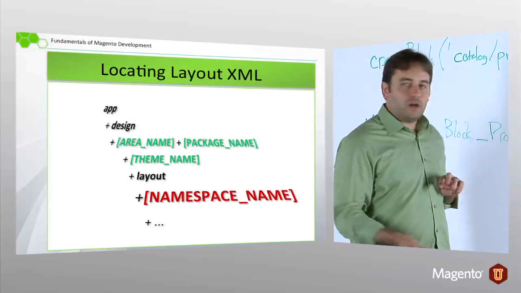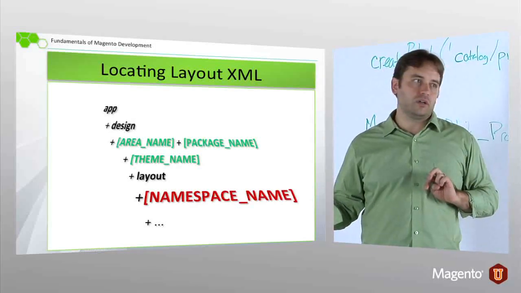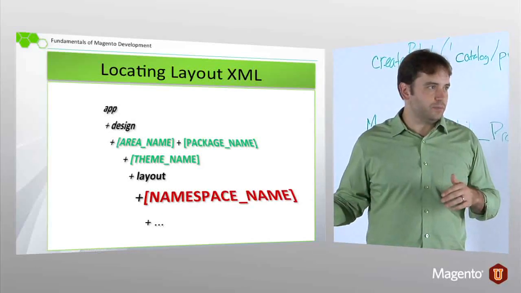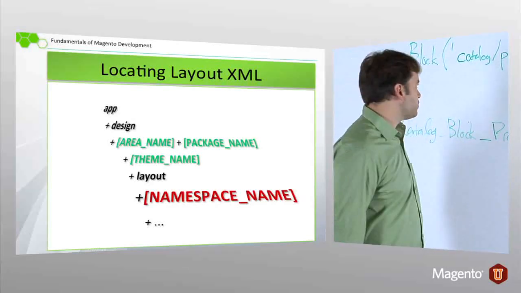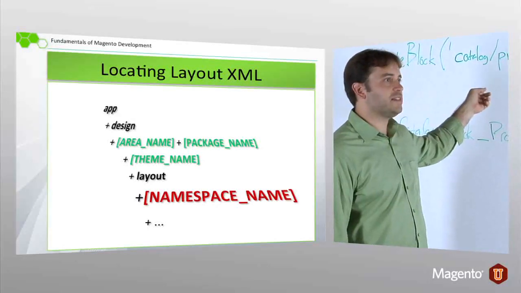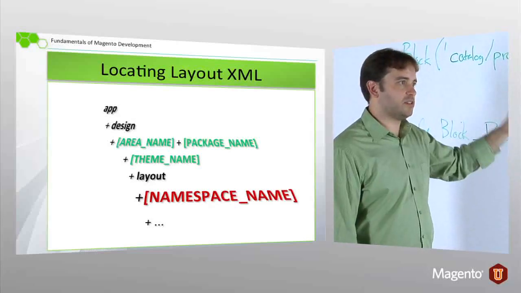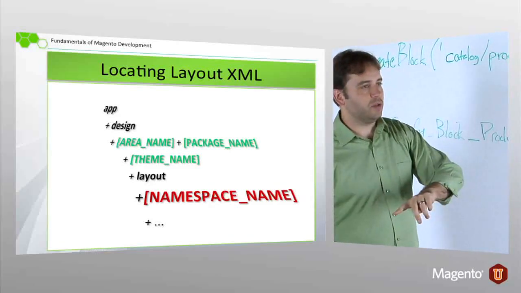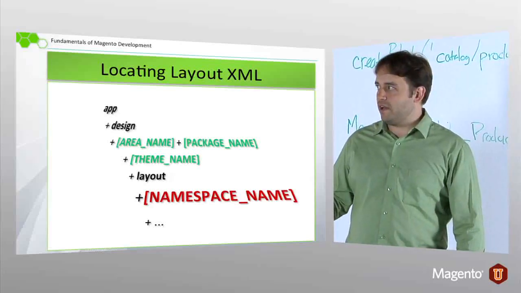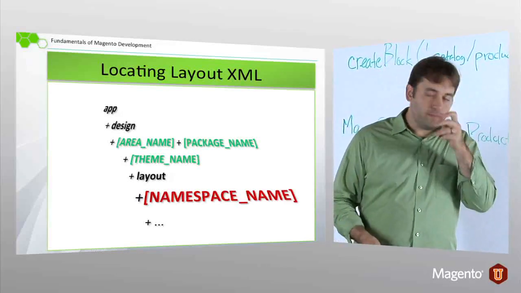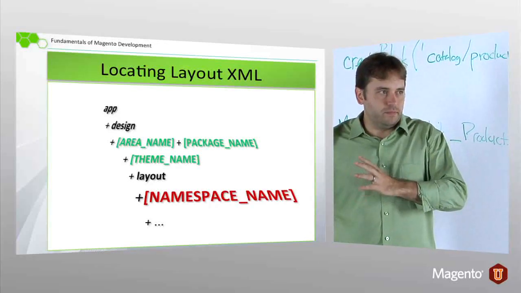So under here, you might have catalog product view.phtml, which would be the product view template. So you would call set template catalog/product/view.phtml. Notice you don't have template, theme, package, or area name in there. That's simply how that system works.